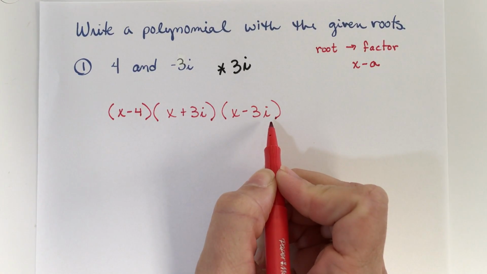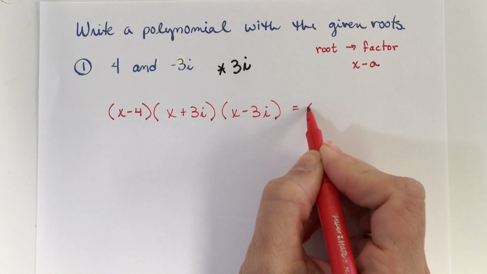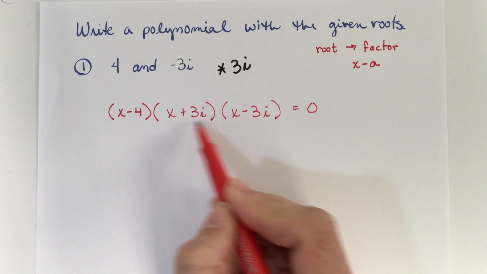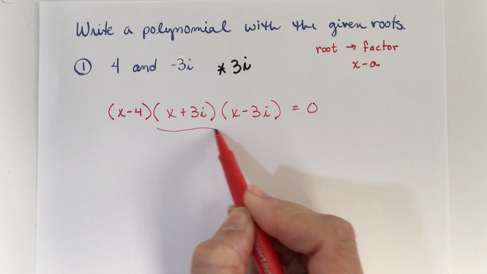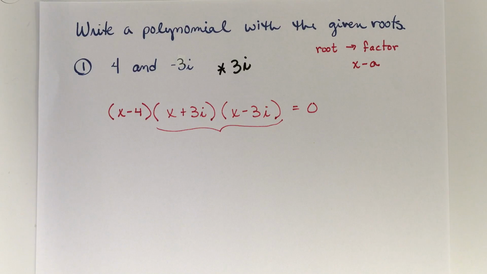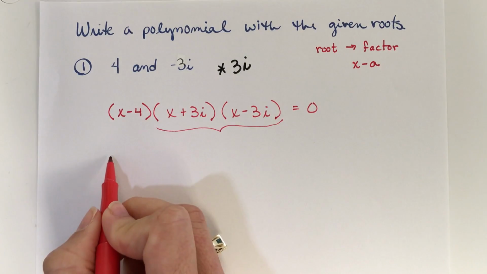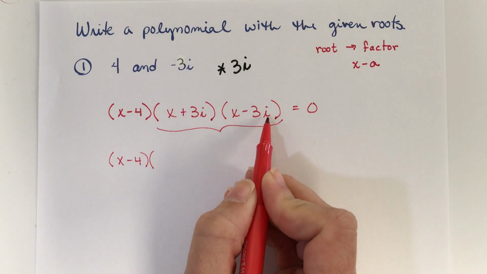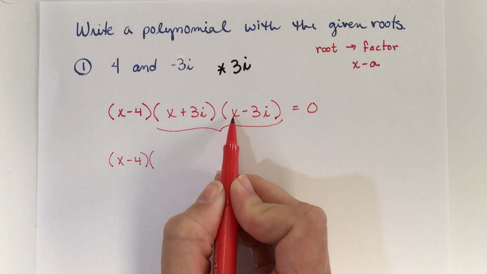Okay, so now what we're going to do is multiply this out. Since these two are imaginary, I definitely suggest that you start by multiplying those two together first. So I'm going to bring down the x minus 4. Now this is just your FOIL method, so we're going to go with x times x.